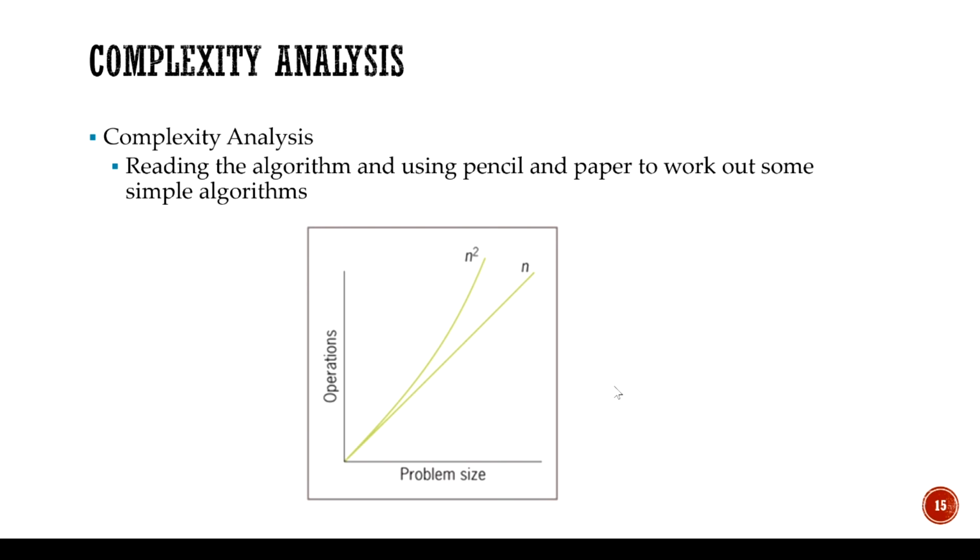For example, here the first algorithm's behavior is linear, and the second algorithm is quadratic. That's how you can plot the running time for different problem sizes, and it can be a measure of the complexity of your algorithm. Technically, these two algorithms are different in their performance.